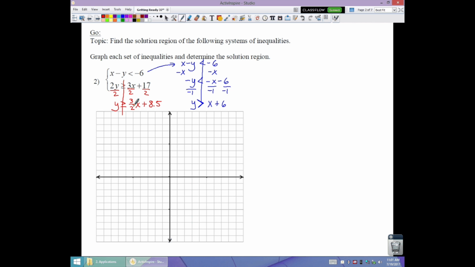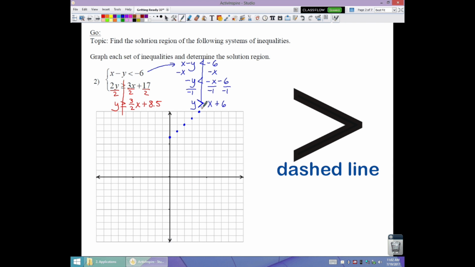So this blue inequality, I can go to my y-intercept of 6. 1, 2, 3, 4, 5, 6. The slope is 1, so I will rise 1 and run 1. Rise 1, run 1. It is going to be a dashed line because it is only greater than. It's not or equal to.